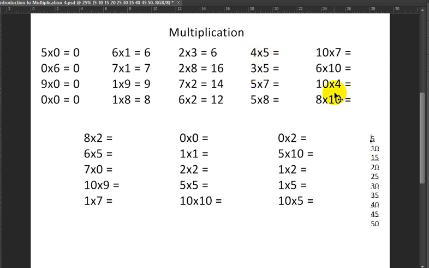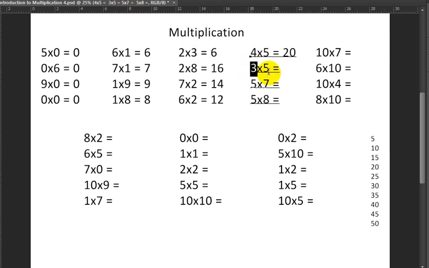So I need to stop when I get to 4 fingers and remember what number I just said at the 4th finger. So let's get started. 5, 10, 15, 20. Stop. That's the 4th finger. And I said 20. So my result here is going to be 20.